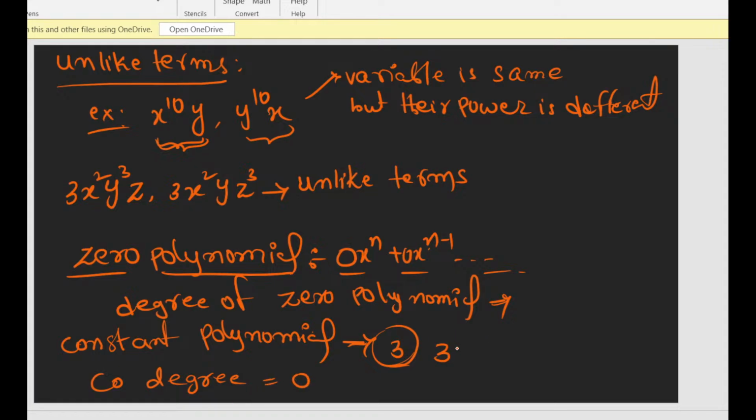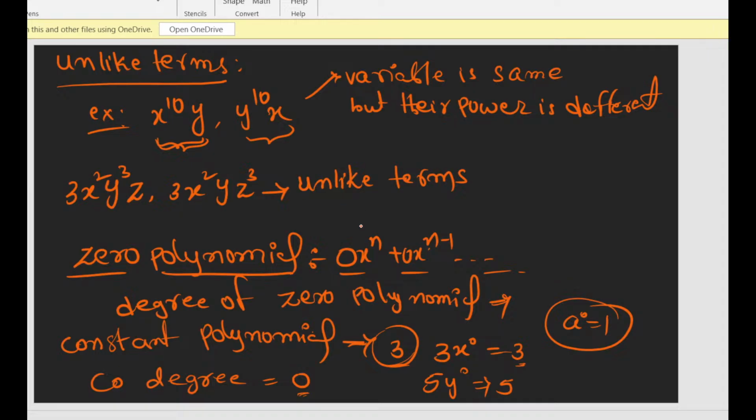For example, if you take x power 0, so it is also 3 only, because we know a power 0 answer is 1. If 5 y power 0 is there, what is the degree here? 0 only, the highest degree. If the degree is 0, we call it a constant polynomial. What is the degree of a constant polynomial? That is 0.